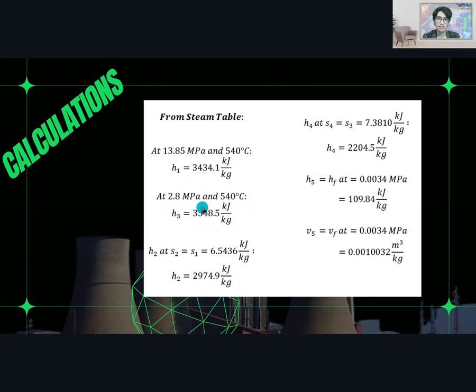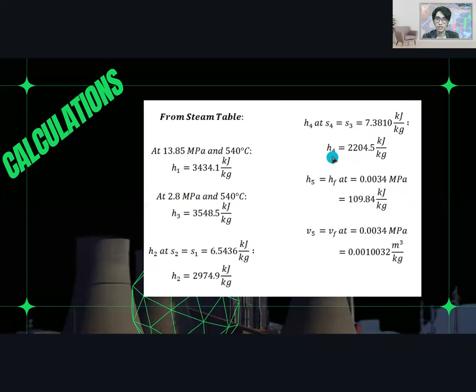At 2.8 MPa and 540 degrees centigrade, H3 is equal to 3,548.5 kilojoule per kilogram, whereas entropy 2 is equal to entropy 1, meaning they are the same, at 6.5436. So our H2 is 2,974.9 kilojoule per kilogram.